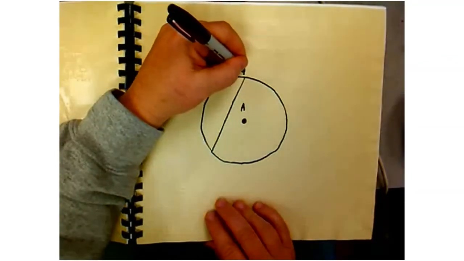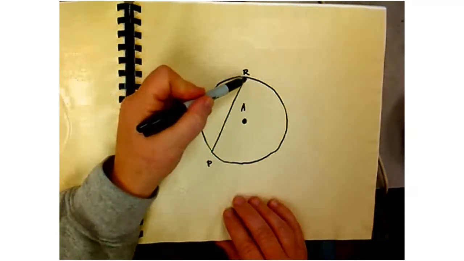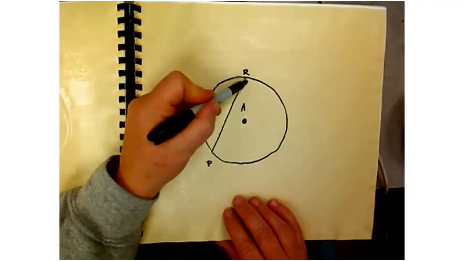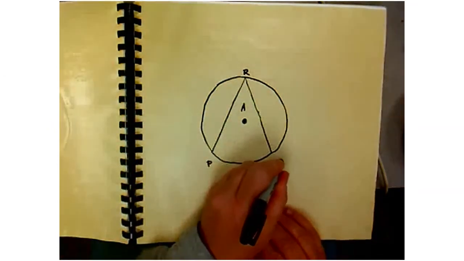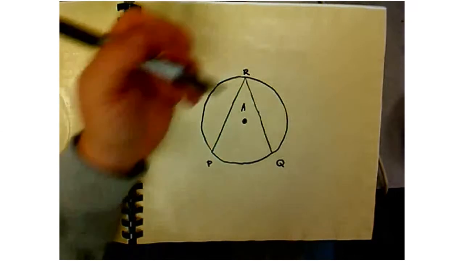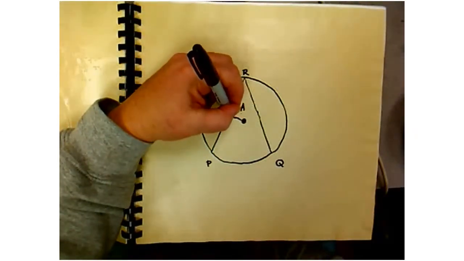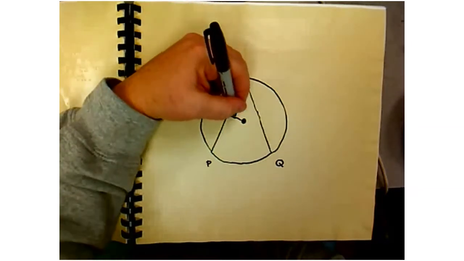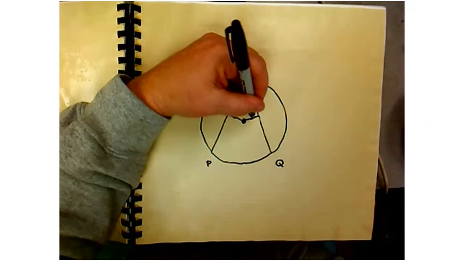That's chord RP. And then one chord on the other side that extends from R to Q at about the 4 o'clock position. Okay? All right, and notice in the center, there's two little segments that are perpendicular to our chords. They've got little perpendicular indicators.